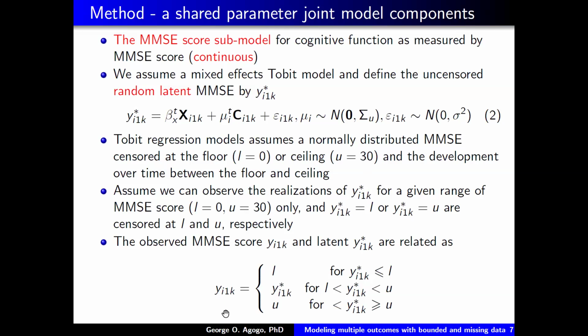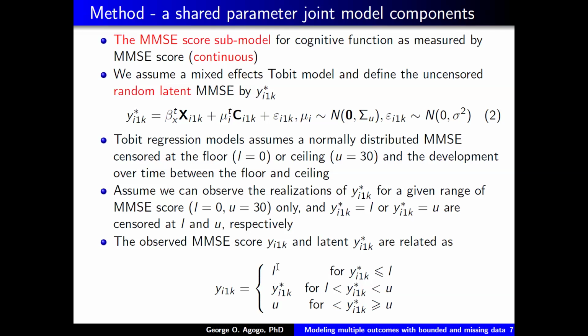So this equation, let it not scare us. What it basically means is that the Y is what we are observing, and the Y with the asterisk is the latent, the true but unobserved score.